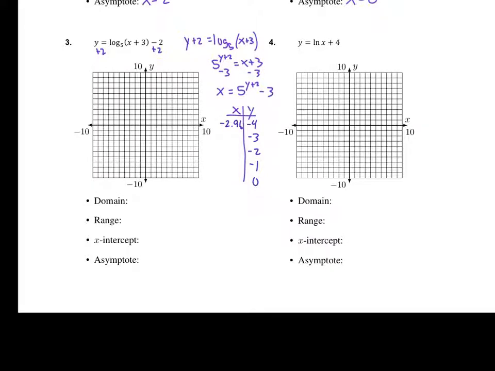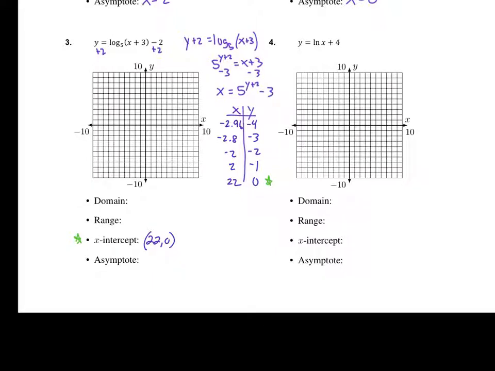If we plug in -3, -2.8. If we plug in -2, that's 5 to the 0 is 1, minus 3 is -2, and then finishing up we get 2, and then 22. So remember, when y is 0, that's our x-intercept.